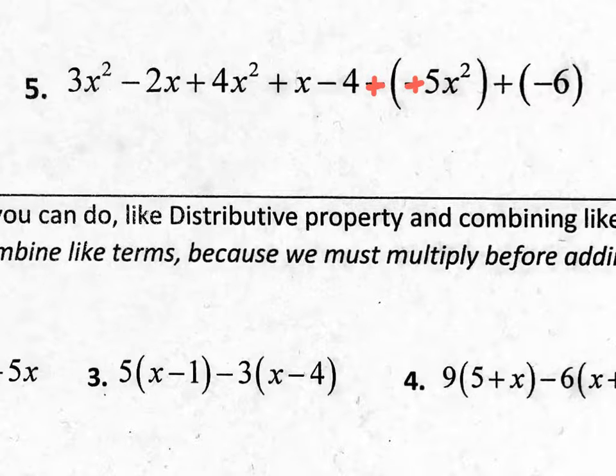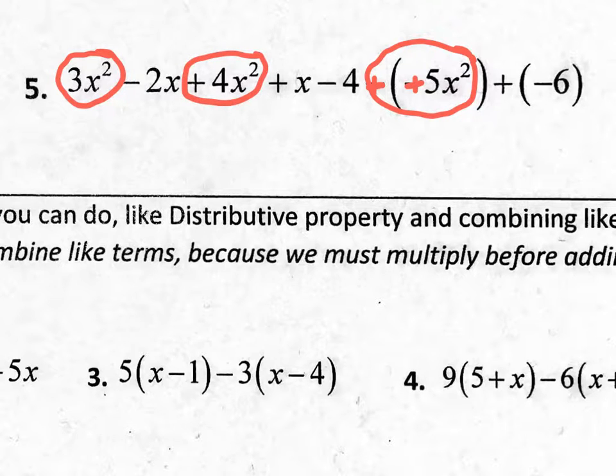And since we're looking at this, we might as well combine this x squared term, which is a positive 5x squared term, with this other x squared term, which is 3x squared. And there's even another x squared term in here. Okay, so let me circle that one as well. We have a positive 4x squared term right here. So we got to combine all these like terms, all of these x squares.